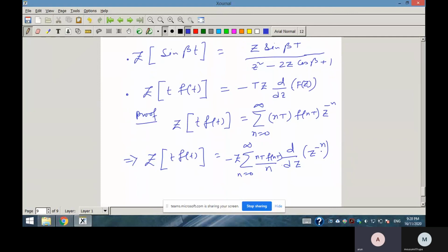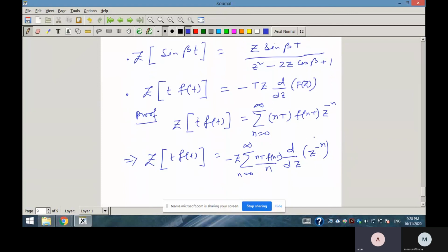If we take the derivative, then ultimately it will be nT, and this z will get cancelled, because it will be minus z to the power minus n by z, minus n by z.